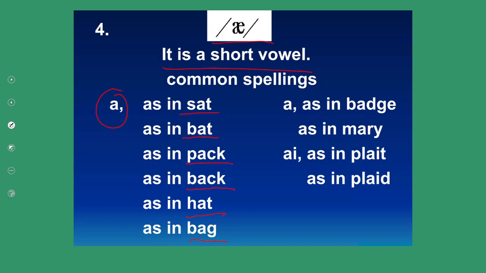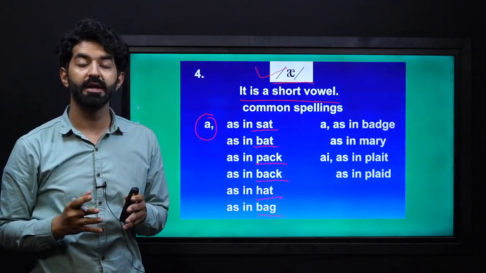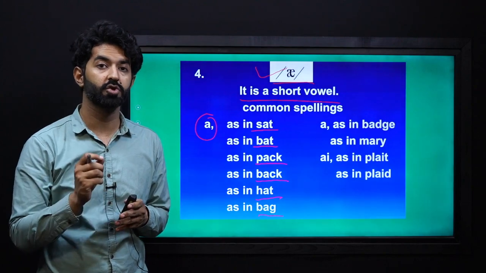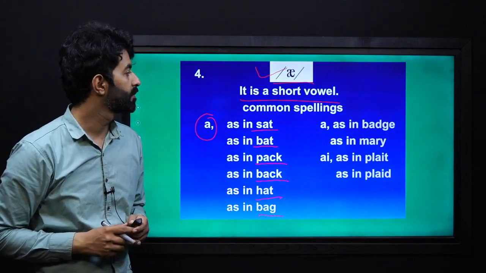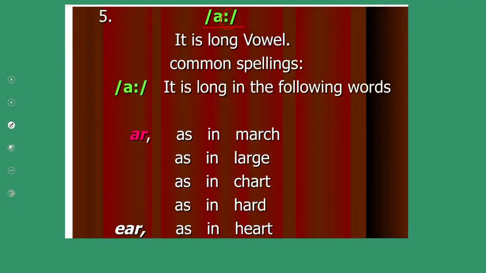So you can see that this indication indicates that the sound that we are going to make of A will be shorter. Now this A sound followed by the two dots shows us that it's a longer vowel.